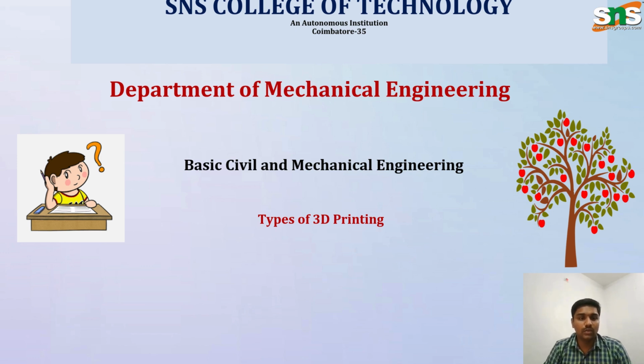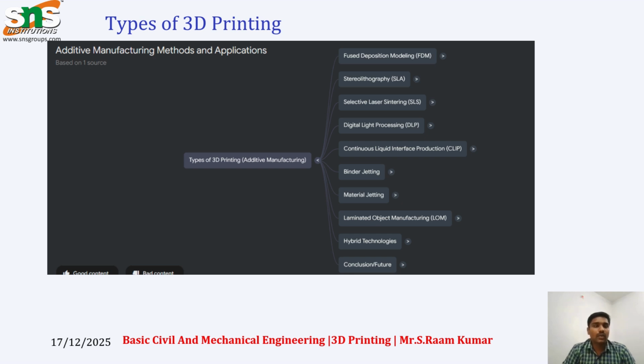In order to develop a product by using 3D printing, we need to know the basic types available in 3D printing. The first is fused deposition modeling. The second is stereolithography apparatus.